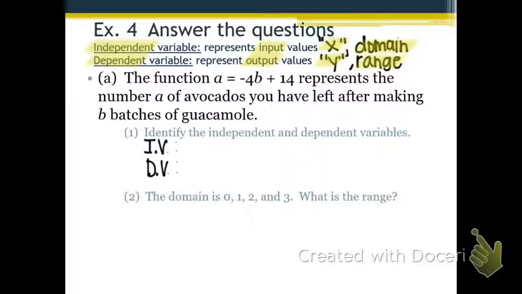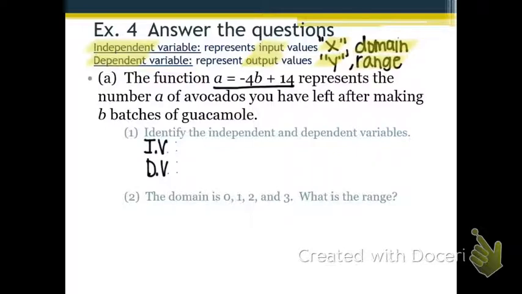Now here's the trick, okay? We've been talking about X and Y all day, but we aren't always guaranteed that X and Y are going to be in our function. So we've got to decide in this particular function which letter represents that X or the input and which letter represents Y or the output. So looking at that function, which variable is in the place where we're going to be able to plug any number in that we want to?